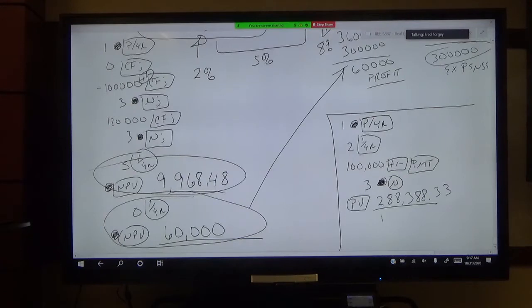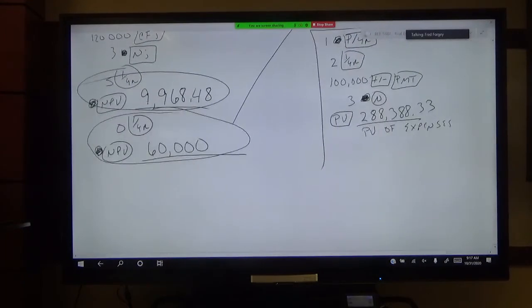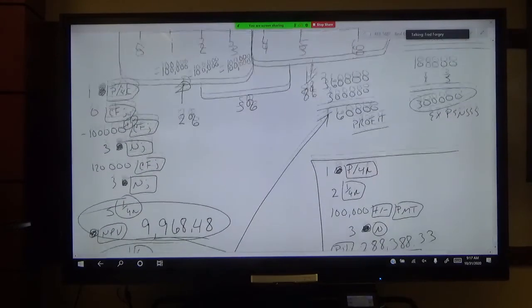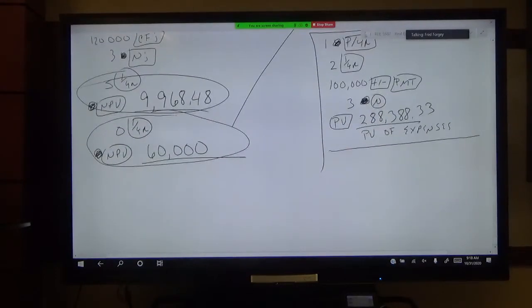Okay, so that represents the present value of expenses. Okay, everybody cool with that? Now, this next piece gets a little trickier. Let's clear everything out. For it, we said it's going to be an 8% interest rate.